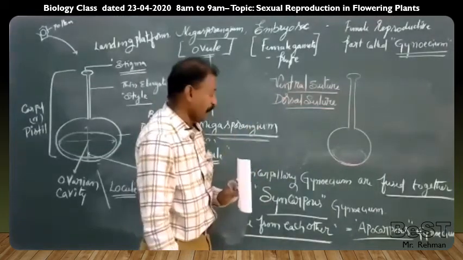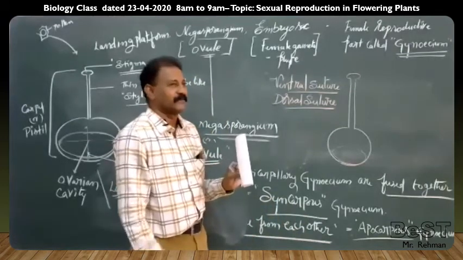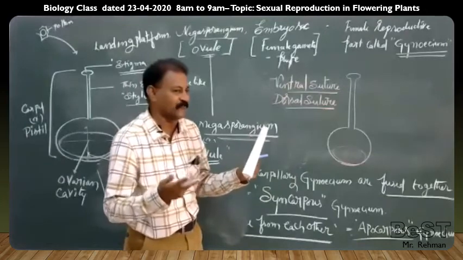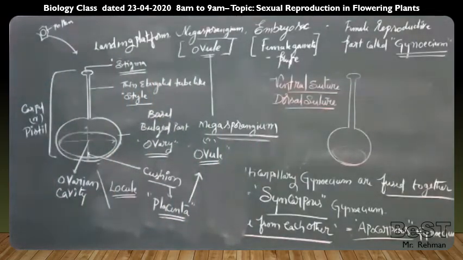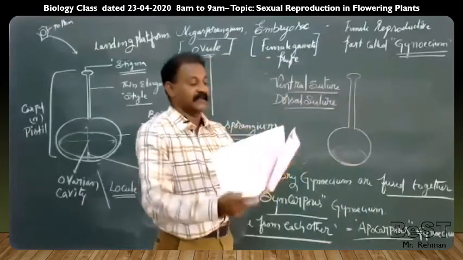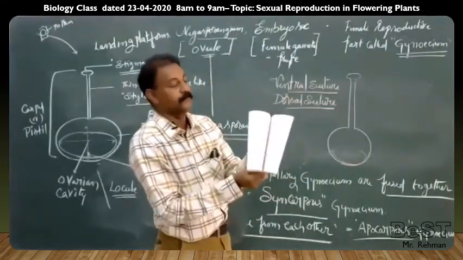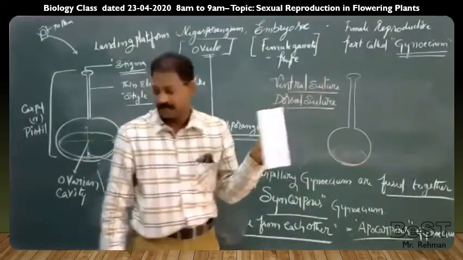For example, if you want to study syncarpous gynoecium, it means more than one carpel, maybe 2 or 3 or 4 or 5 or many. How were they formed? Let us see this. Another carpel joined together, bicarpellary.